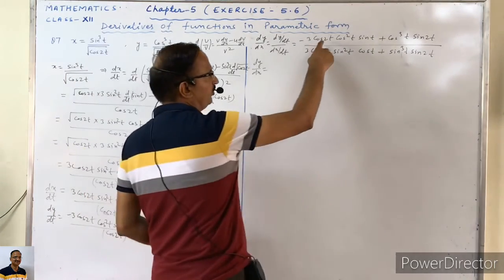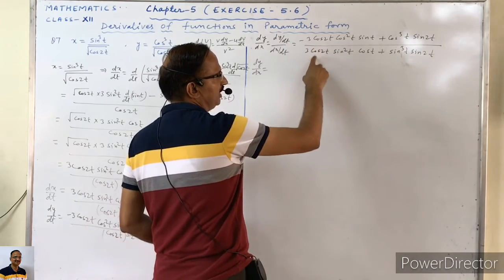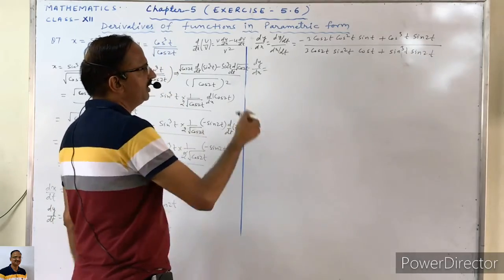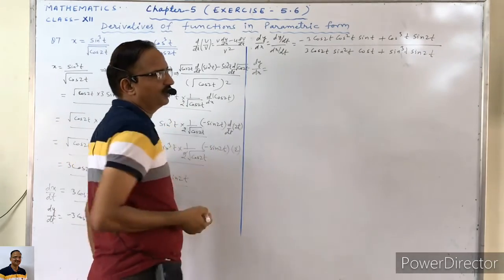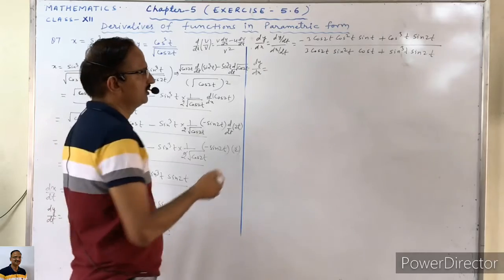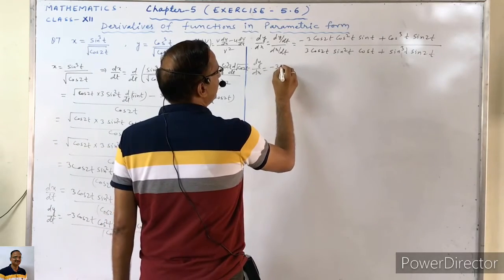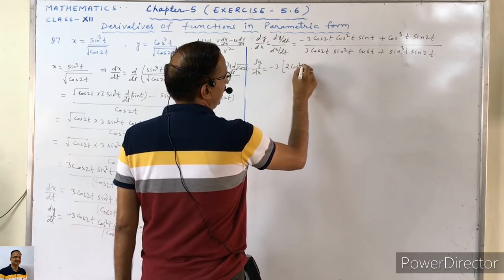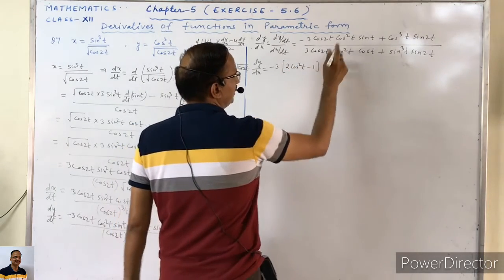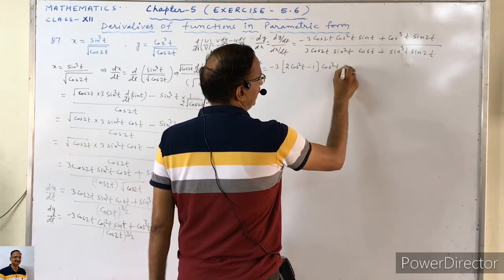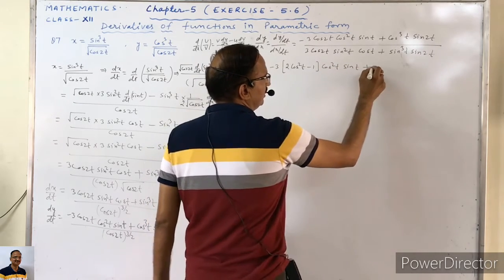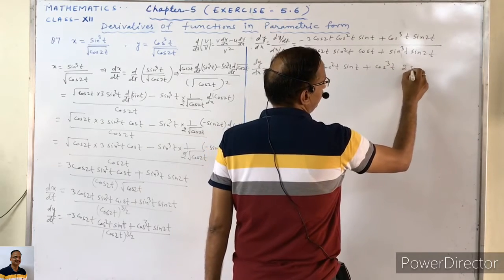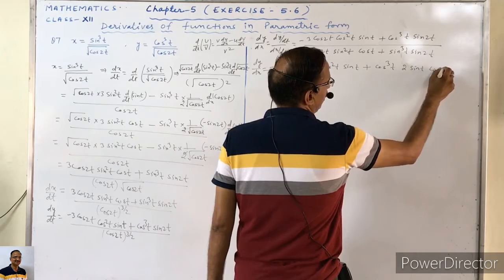So we will put the different values of cos 2t in the numerator and in the denominator. In the numerator, this is minus 3, and in place of cos 2t we can write 2 cos square t minus 1. This is cos square t sin t. This is cos cube t, and the value of sin 2t is 2 sin t cos t.